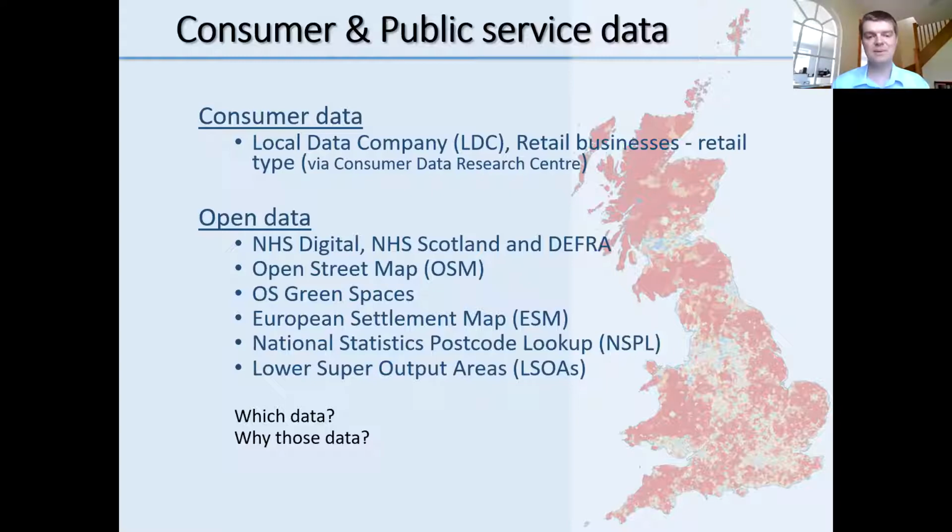Postcodes and LSOA were the two key geographies used in this data set. As we're working with spatial data, we'll end up with a lot of these terms. So if you're not familiar with LSOAs or postcodes, there's lots of resources out there to give you a bit more information about those.